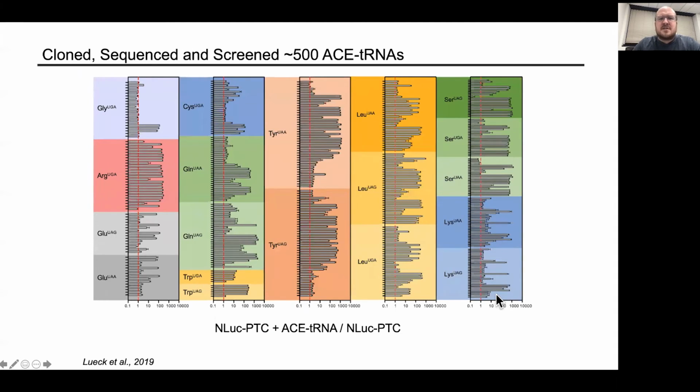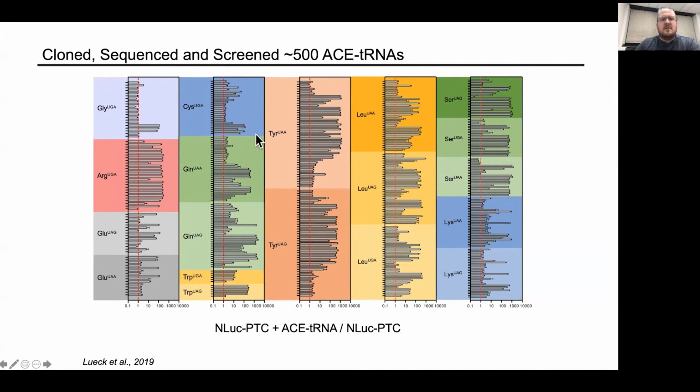So we performed a screen, which we published last year, where we looked at over 500 ACE-tRNA sequences, and we developed a high-throughput cloning and screening strategy using nanoluciferase with a premature termination codon in it. And so when you suppress that PTC, you get luminescence.